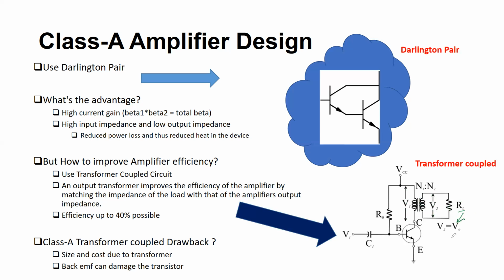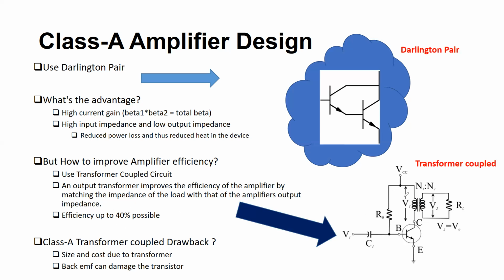Now, using such transformer coupled circuit, the power conversion efficiency of the amplifier is improved because the transformer helps to match the impedance of the load to that of the impedance of the amplifier. So the efficiency in this case can be improved up to 40% or even larger.